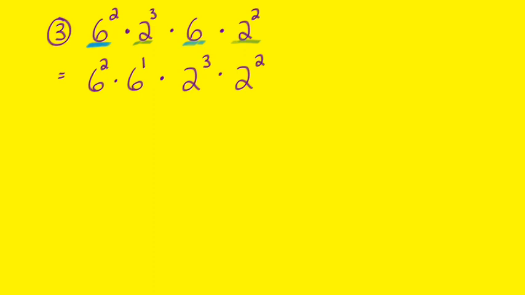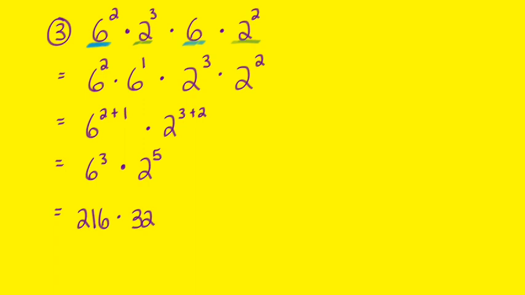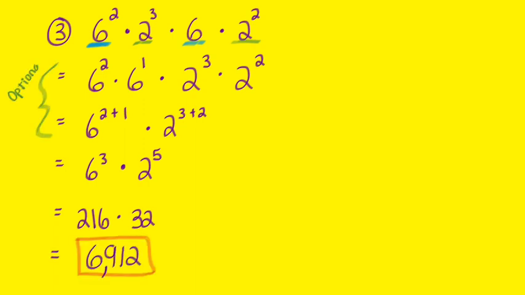So 6 to the second and 6 to the first is obviously going to be 6 to the third. And then 2 to the third and 2 to the second is going to be 2 to the fifth. So then I have 6 to the third and 2 to the fifth. And I want to resolve these and then multiply it out, right?